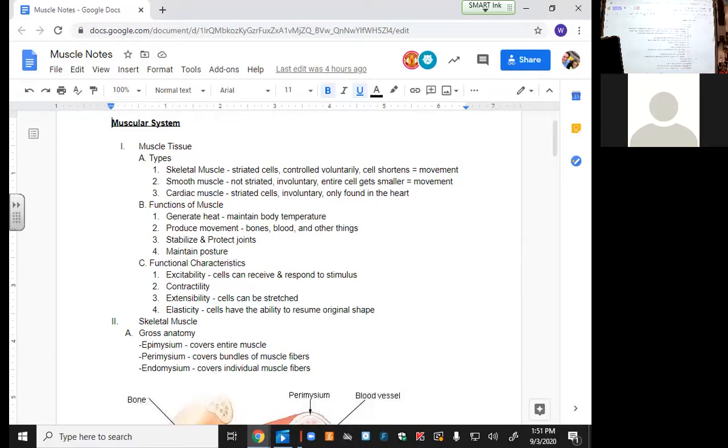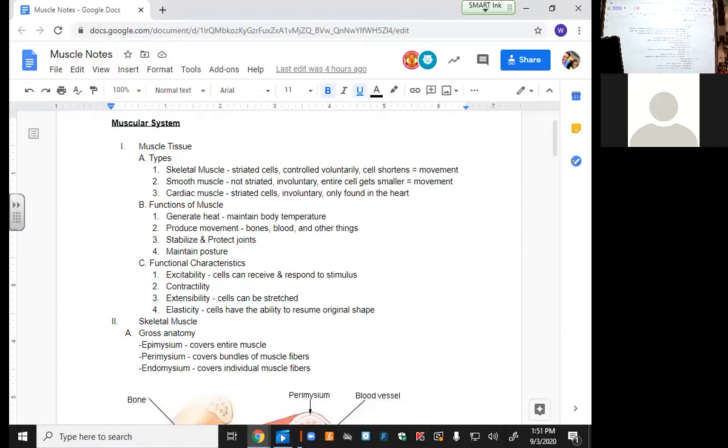We're talking about conscious control, muscles that you have to think about moving. Skeletal muscles are striated. You'll see what that means in just a second, but the simple way to know what it means is that they have stripes. They are voluntary because you have to do them, and they're long, skinny cells that when you tell that cell to do something, the whole cell gets shorter.